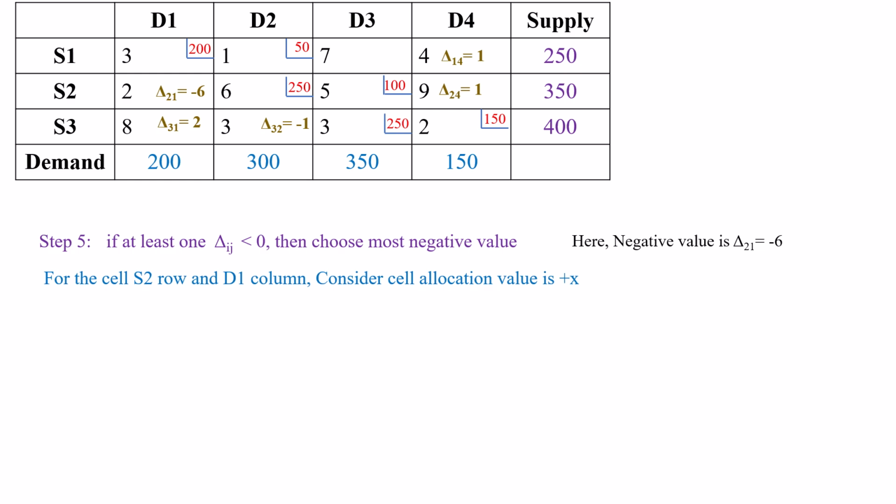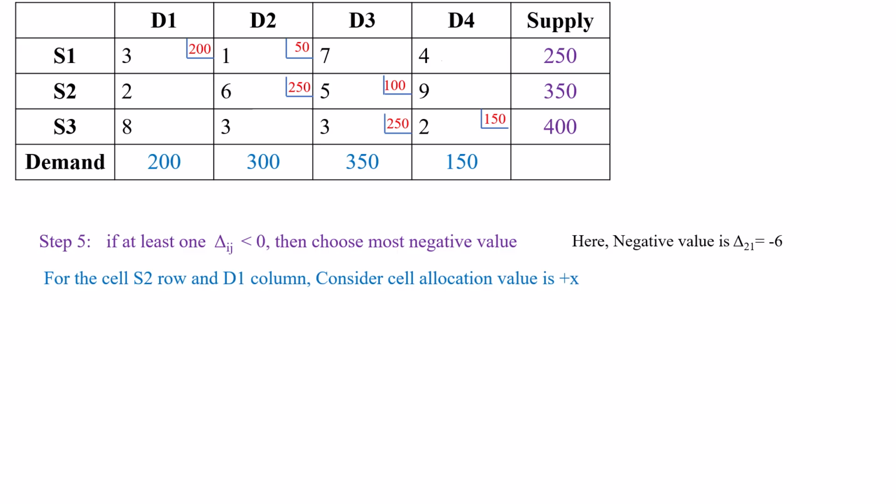Initially this cell is an empty cell, so there is no allocated value. Now we have to change the allocation value of the most negative delta cell to plus 6. Here the most negative delta cell is the S2 row and D1 column cell.